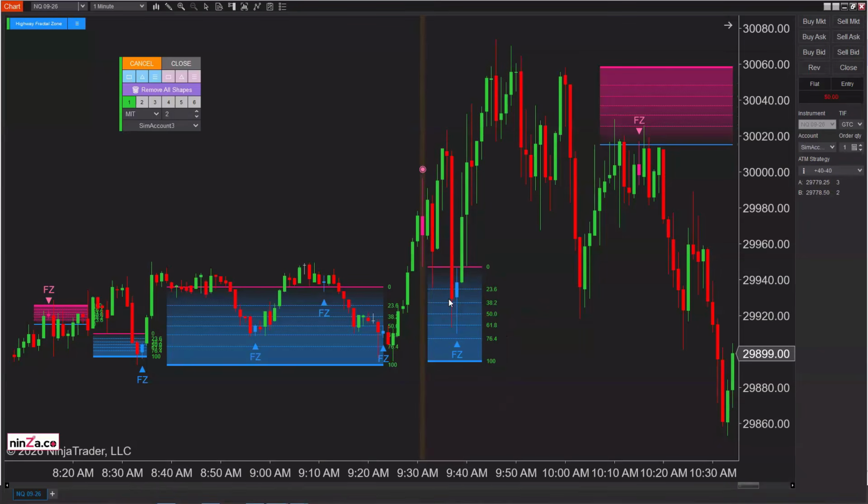And then again, a signal long as it comes out of this zone for another move higher. Later on this morning, there was a pullback. This created lower highs and lower lows, then a retracement into, again, this fractal zone. But this time, the expectation is price should reverse from this zone and go lower. And that's exactly what happened.